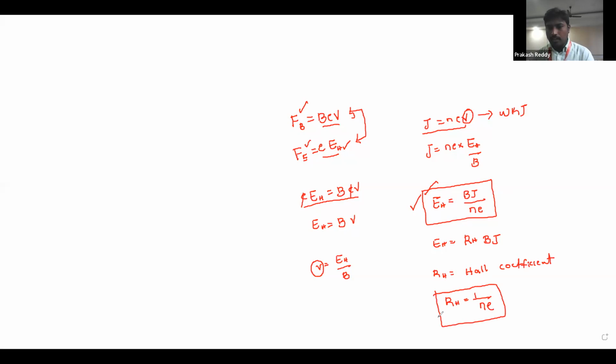From the Hall coefficient, we can identify the type of material. If RH is negative, the type of material is n-type.